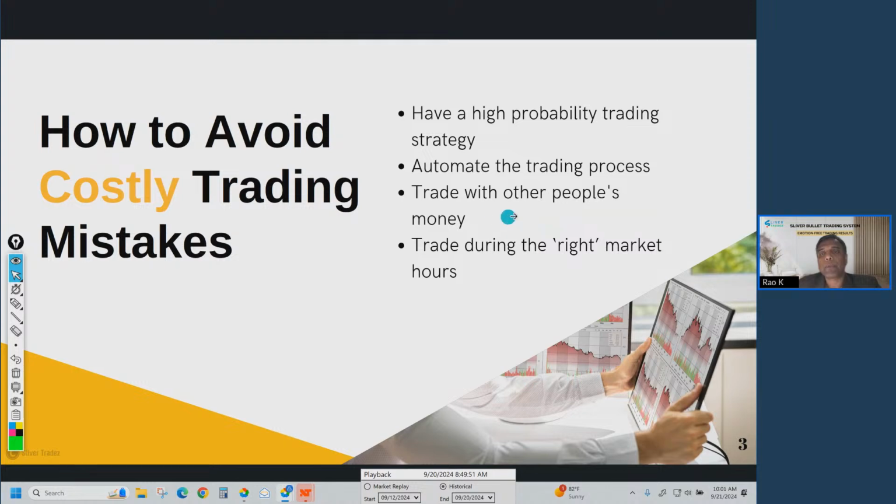So it's important that we are emotion free while we are trading, and that emotion-free state comes with using other people's money. Not that you can lose other people's money, but there is some sort of detachment that happens, and with that detachment, the results improve.